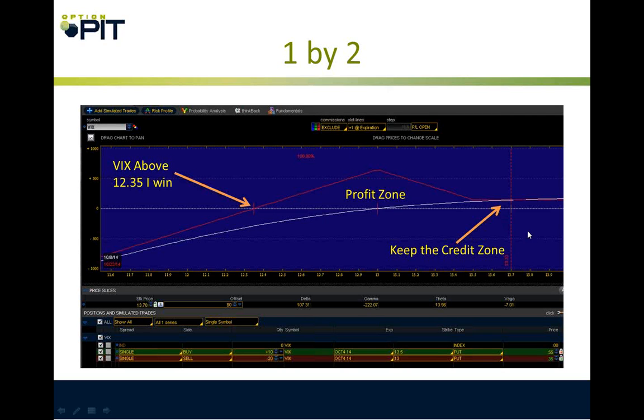All right, above 13.5, I've got my keep-the-credit zone. So I'm going to keep my 15 bucks. All right. And then in between there, I've got this really great profit zone where I can potentially do extremely well relative to my risk. This is a great trade.